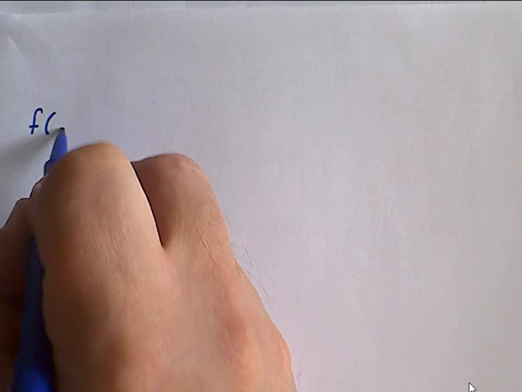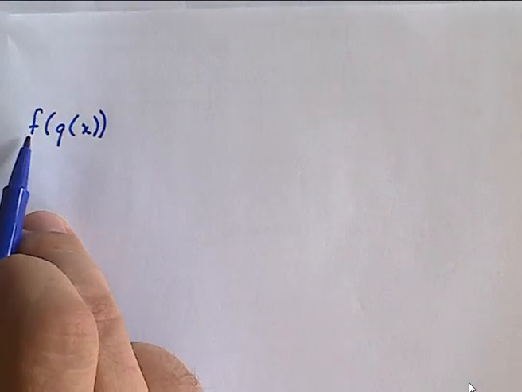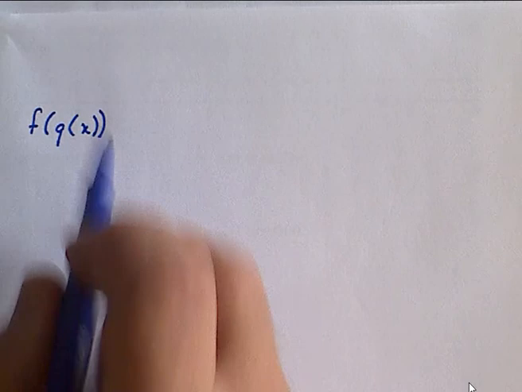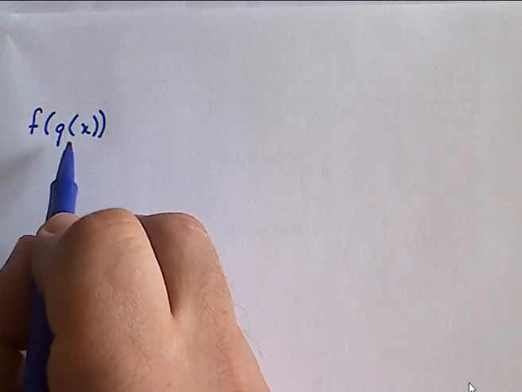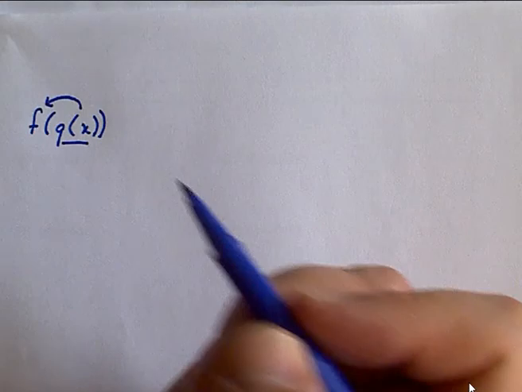So you might see it look like this. If I said f(g(x)), this means it's the composite of f and g, where we're going to take this inside function g of x and substitute it into f.